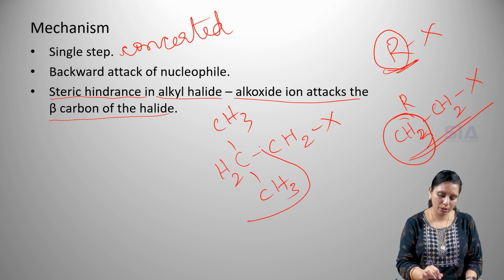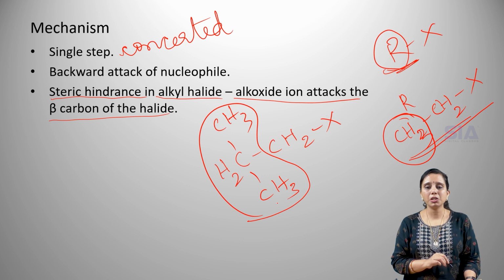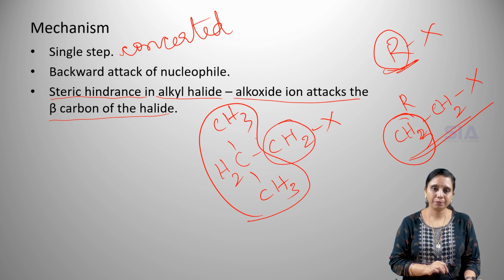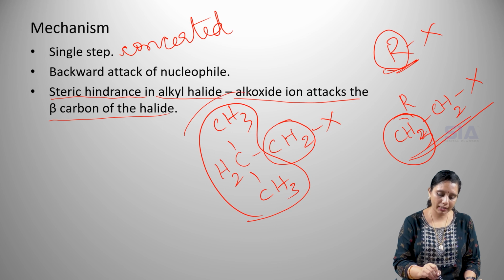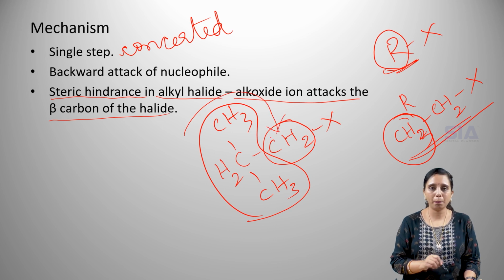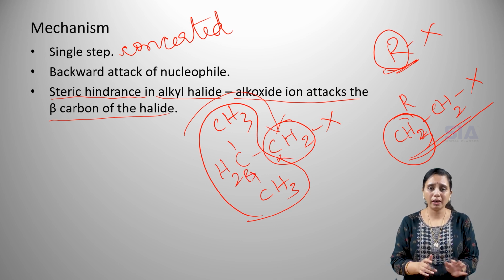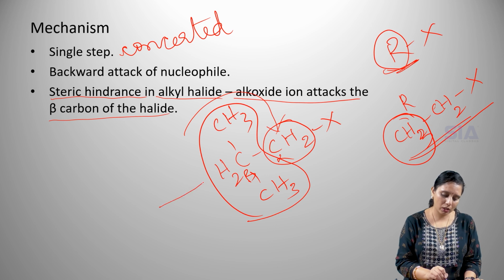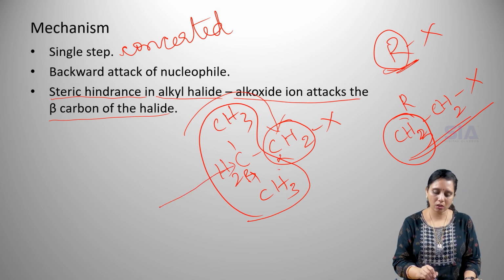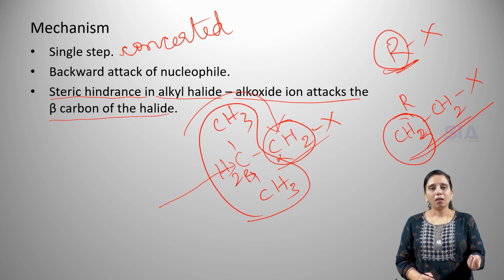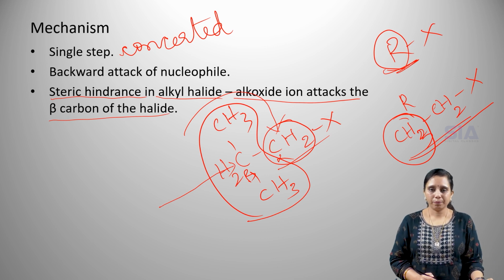Now this is a larger group. Due to this larger group, we have steric hindrance on this carbon, so the alkoxide ion cannot attack easily. This is the alpha carbon and this is the beta carbon. To prevent this steric hindrance, the alkoxide ion can attack this carbon instead of the alpha carbon. Even then we can get the required ether properly.